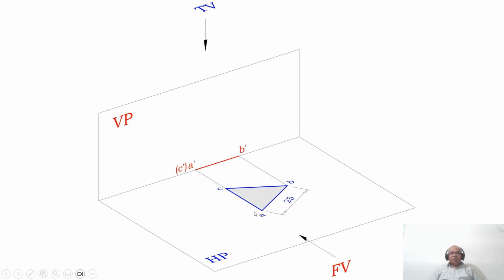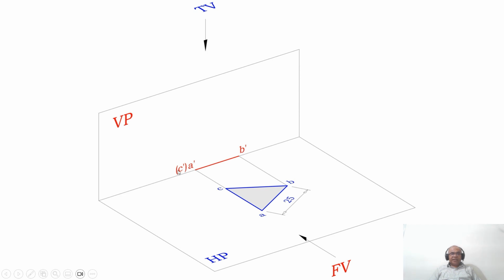So what are the positions of AB, BC and CA with respect to both HP and VP? If you see, the line AB is inclined to VP. Since the line is inclined to VP, in vertical plane you are going to get that line in apparent length. Similarly, BC is also inclined to VP.